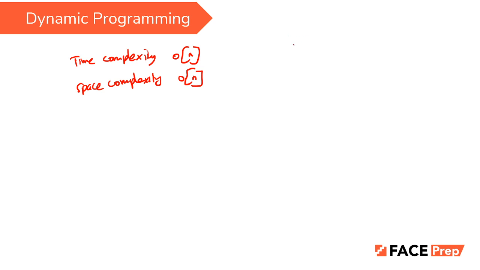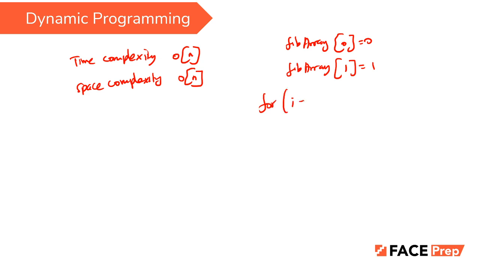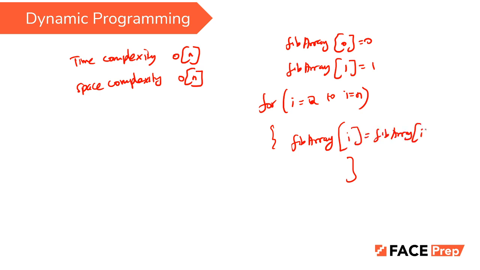I am going to write tabulation again. fib array of 0 is equal to 0, fib array of 1 is equal to 1. Now for I equal to 2 to n, fib array of I is equal to fib array of I minus 1 plus fib array of I minus 2.